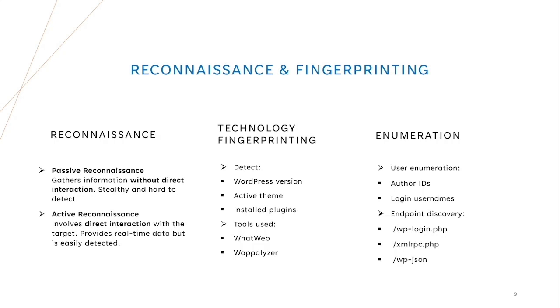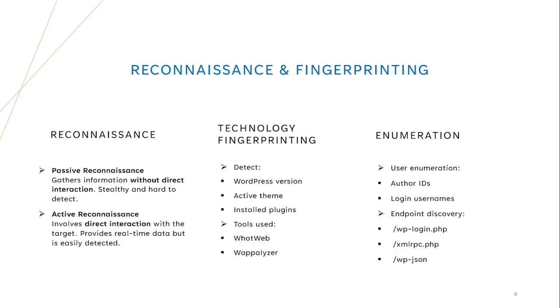And enumeration. In enumeration, you have to do user enumeration and endpoint discovery. User enumeration can find author IDs and login usernames. If we can find these in the enumeration, it may be vulnerable, and we can conclude the severity of those usernames and author IDs.